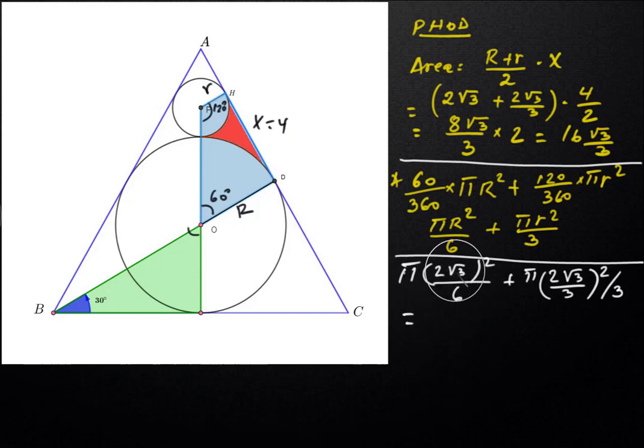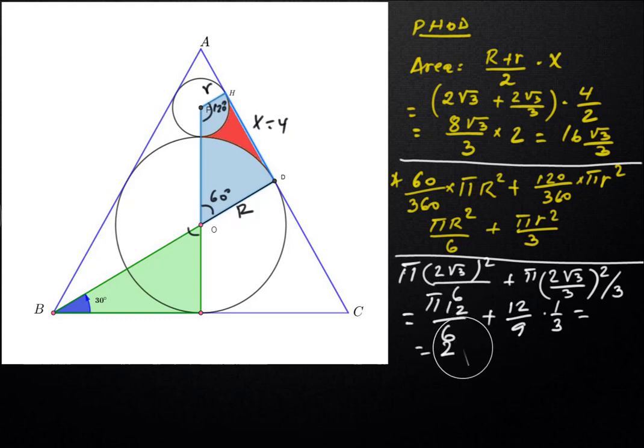Here we get 2 squared is 4, 4 times 3 is 12, 12 over 6 will be 2, so 12 pi over 6, the same way here, 12 pi over 9 divided by 3.